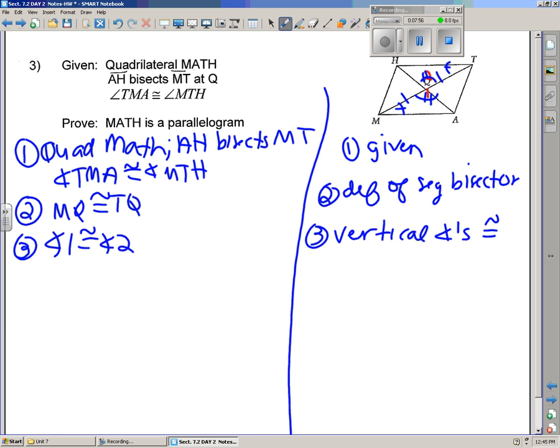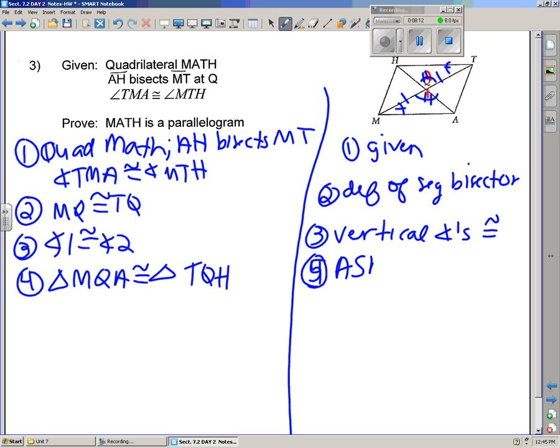Well, now we've got congruent triangles, and we can say that triangle MQA is congruent to triangle TQH, and that's because of angle side angle. Well, then by CPCTC, we can say that sides MA is congruent to side TH, and that's CPCTC.